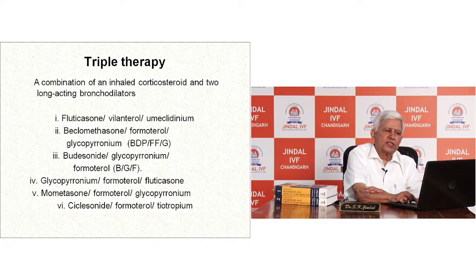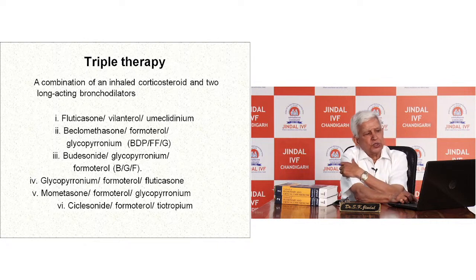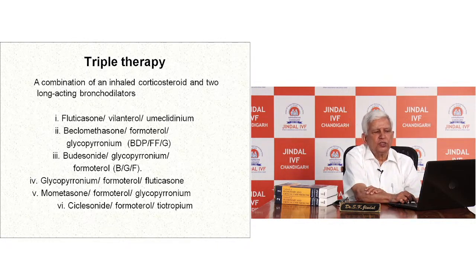Nowadays, of course, there is some evidence in the recent past that even in COPD, there is a necessity to use inhaled corticosteroids, and that has brought the triple combination into the market, you see: the LABA, LAMA, and inhaled corticosteroid combination.